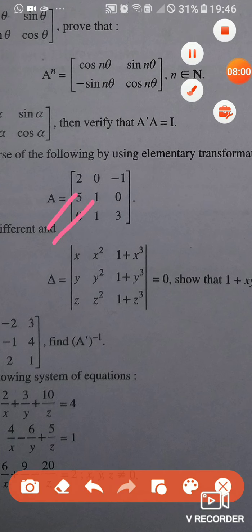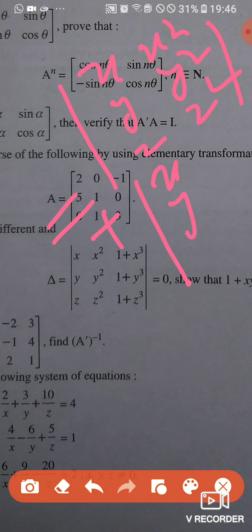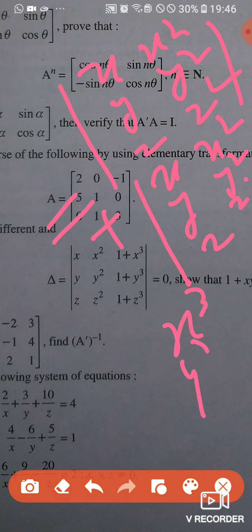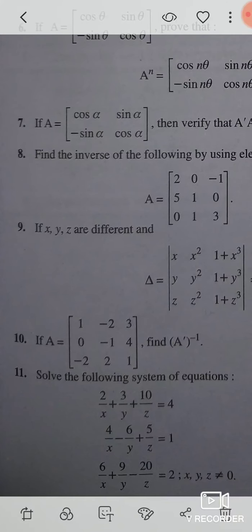This will equal the determinant with rows x, y, z and x square, y square, z square, plus the determinant with rows x, y, z, x square, y square, z square, and the third row of the same determinant x cube, y cube, z cube. Right?